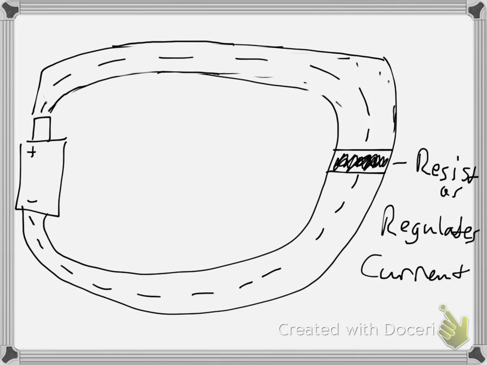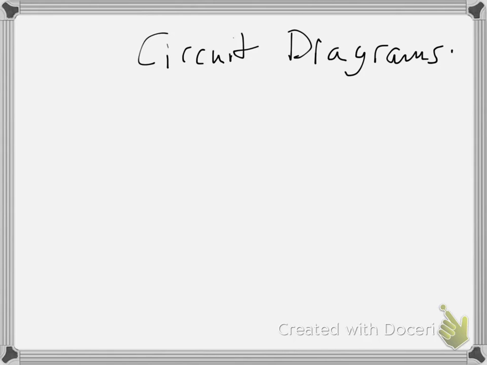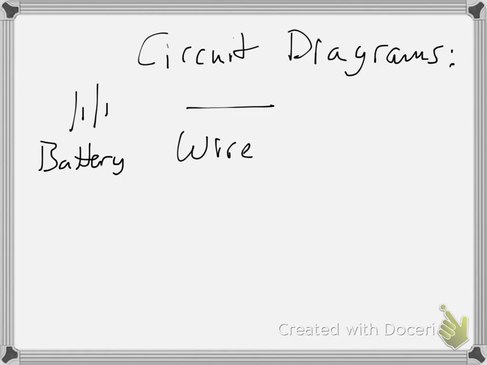And when we draw circuit diagrams, we have some symbols, and a battery is denoted as something like this. A wire is just a line, and a resistor is kind of a zigzaggy thing.